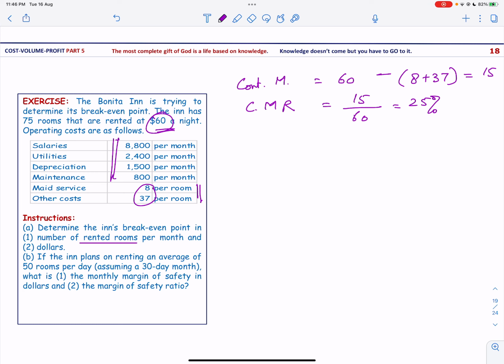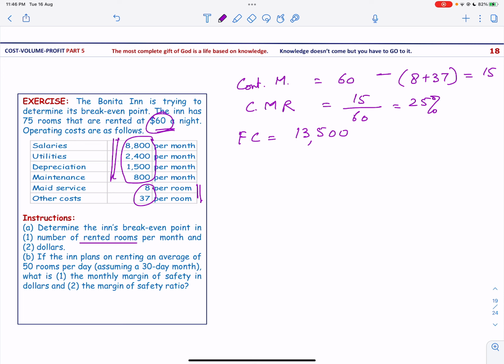So we have calculated the contribution margin and the contribution margin ratio, and then we have the fixed costs: 8,800, 2,400, 1,500 and 800. So this is equal to 13,500.